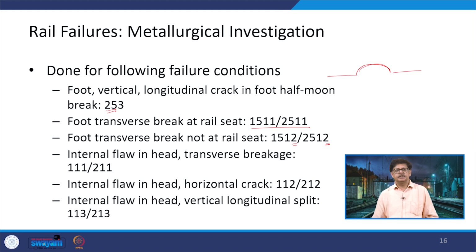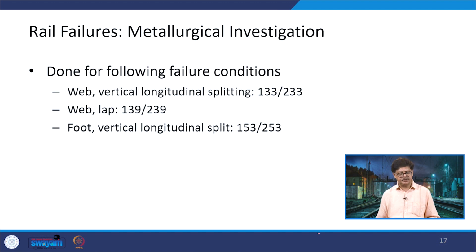Then internal flaw in head or the transverse breakage, if it is there, which is coded by 3 digits as 111 and 211, or internal flaw in the head or the horizontal crack defined as 112, 212, or internal flaw in head or vertical longitudinal split which is defined as 113 and 213. In all of these cases this is to be done.